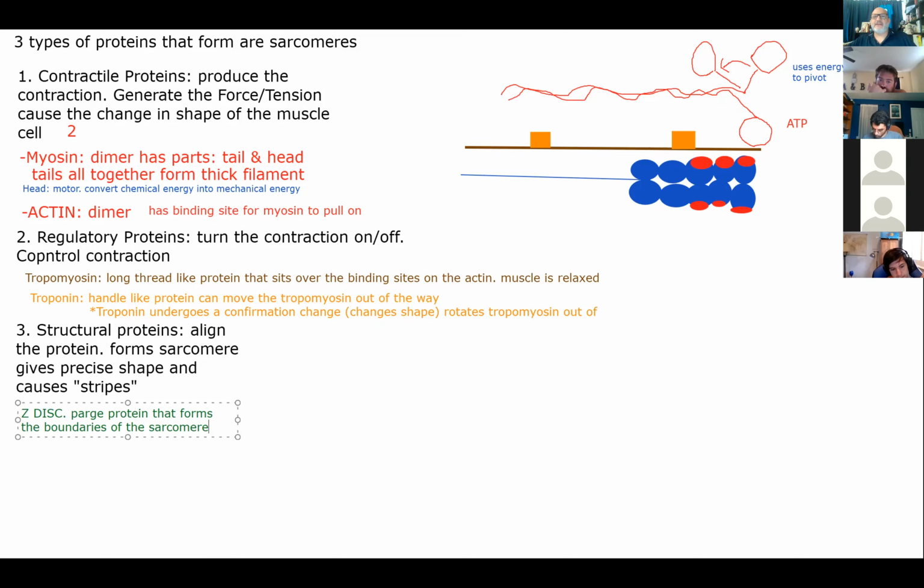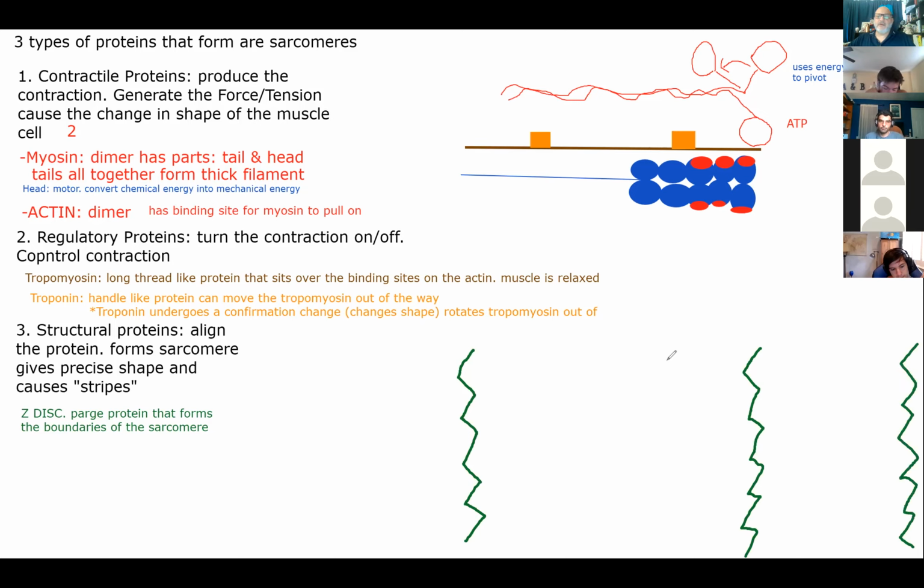So when we look at this, that Z disc forms a boundary for this sarcomere, but it will also be a boundary for the next one as well. And I know I didn't make this one the same size, but you get the point. So they are the boundaries of the sarcomere. So notice here, these three Z discs make two sarcomeres.